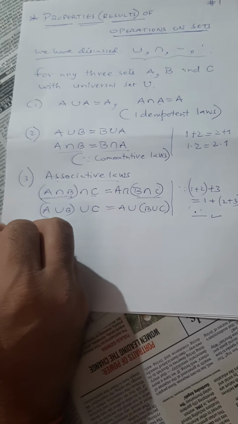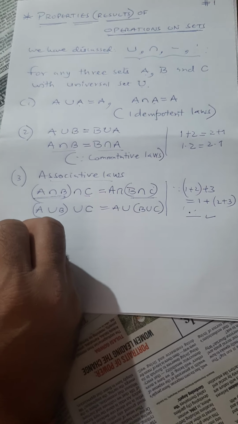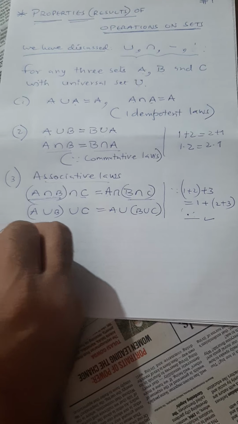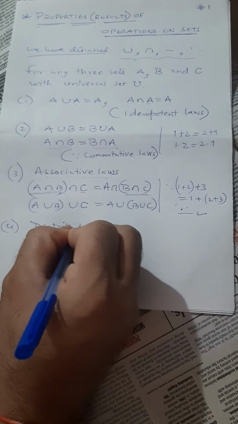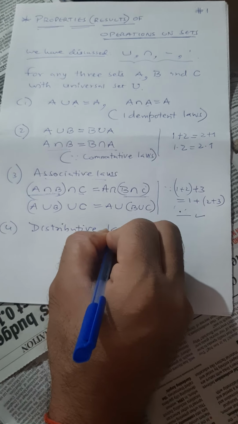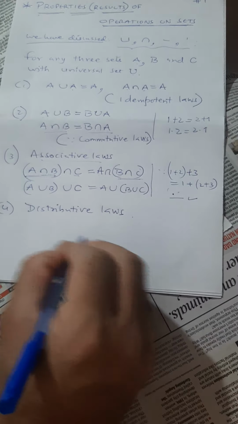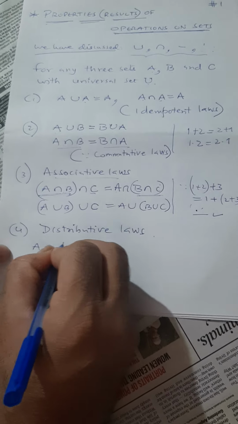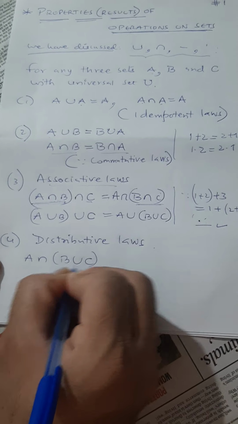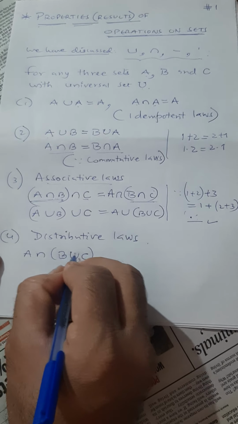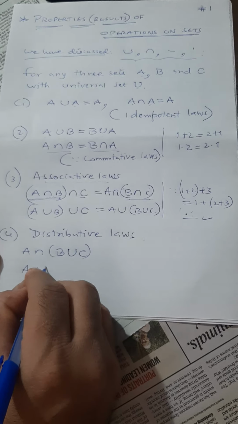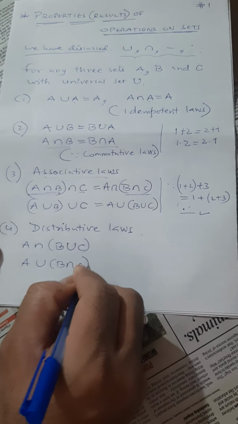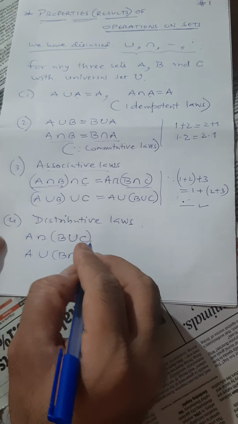The fourth one, which is again very important, is called the distributive properties or distributive laws. Here we have A intersection B union C and A union B intersection C. What you did is just interchange the operations.